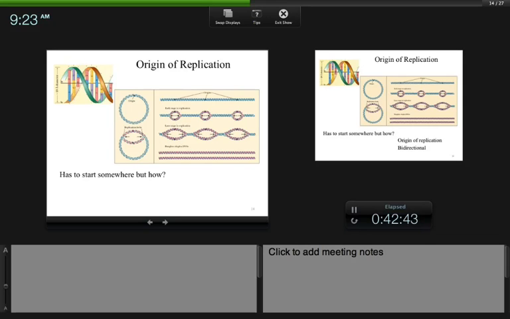Well, if it's only going one direction, you tell me. If we go one direction, what would I expect to see over here? A new strand and a blue strand, right? Red and blue. If it's only going that one direction, what would I expect to see happening the other direction? Absolutely nothing. What's happening the other direction? It's also expanding.